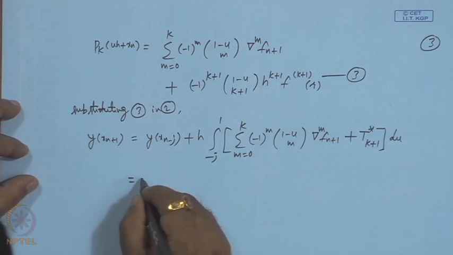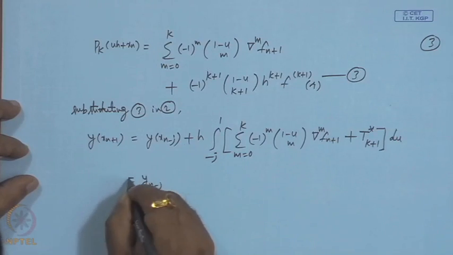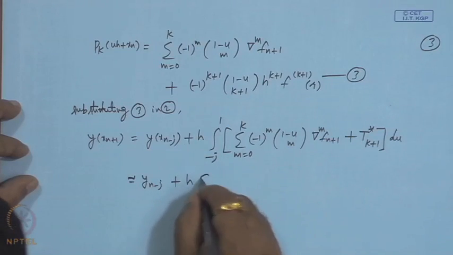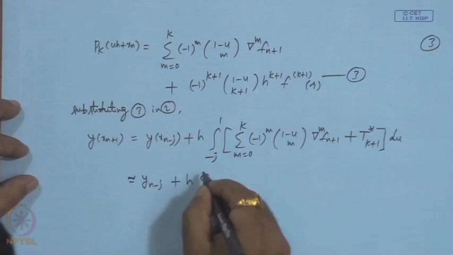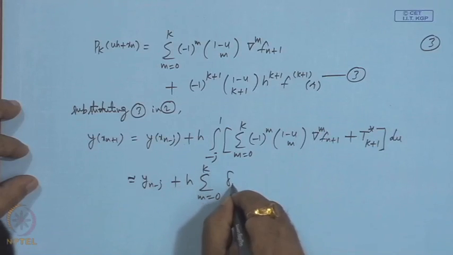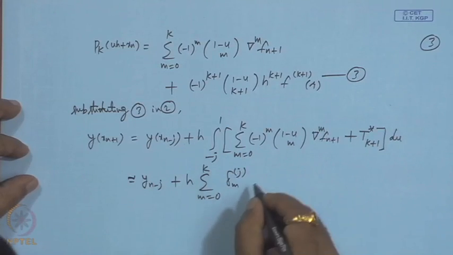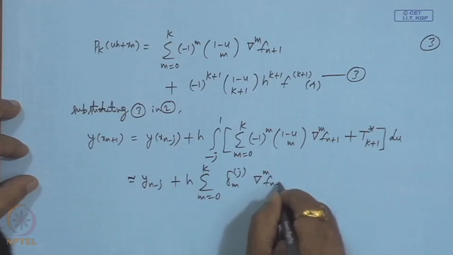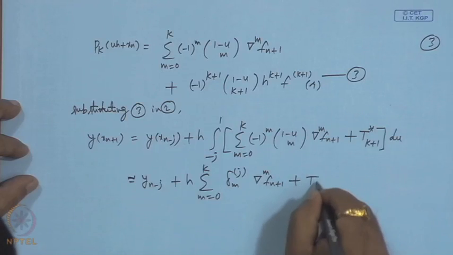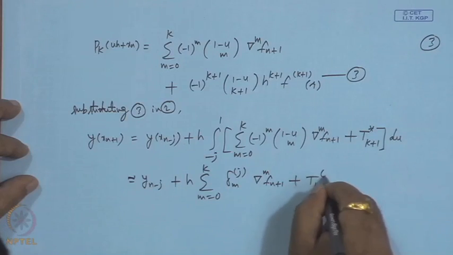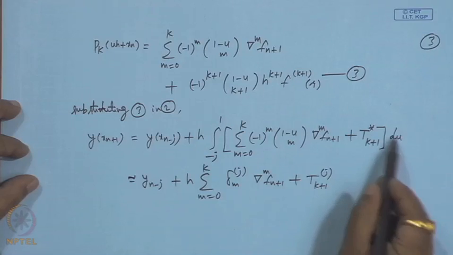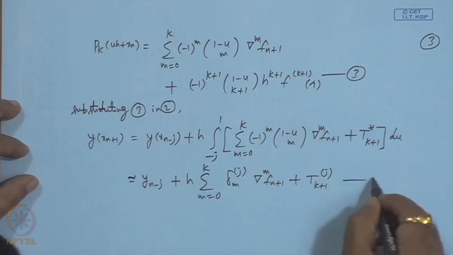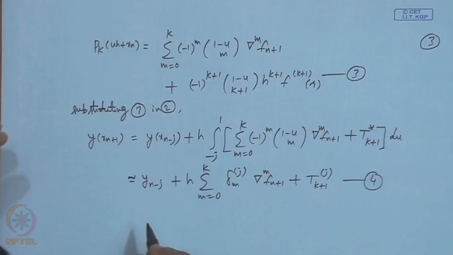So, further this can be simplified as, so now the approximation y n minus j plus h, summation comes out, and if you remove the integration it is this. So, that is the notation I follow.